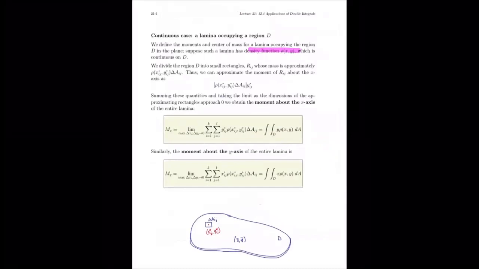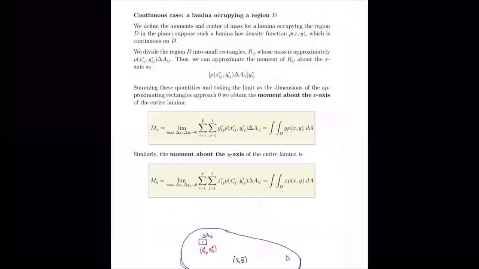So that looks familiar at least. And the idea, of course, is to divide this lamina into subregions, subrectangles, with a point inside there that's xij star, yij star, that will always remain in that rectangle no matter how much we shrink it. So we always tag that rectangle at that point.